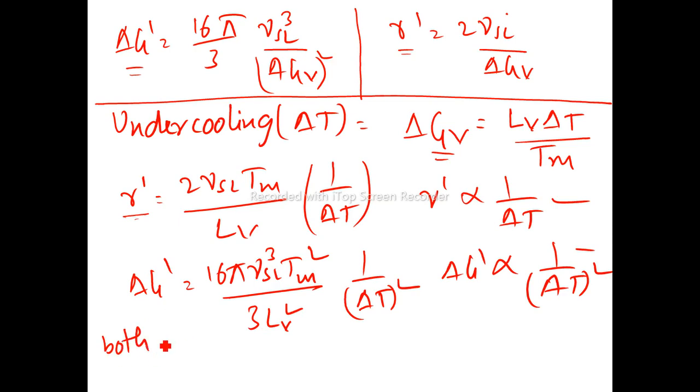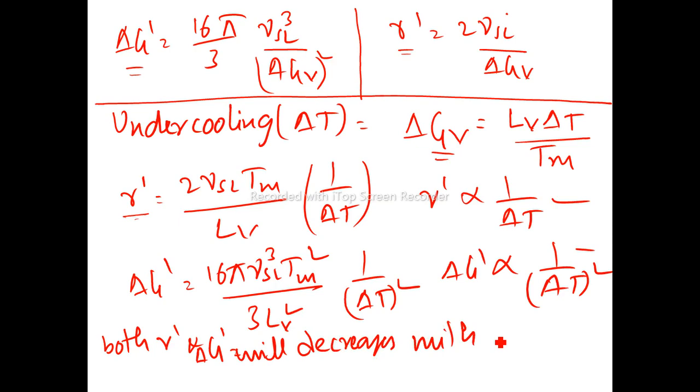Both R dash and delta G dash will decrease with increasing undercooling.